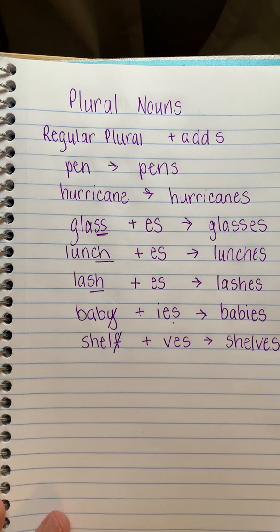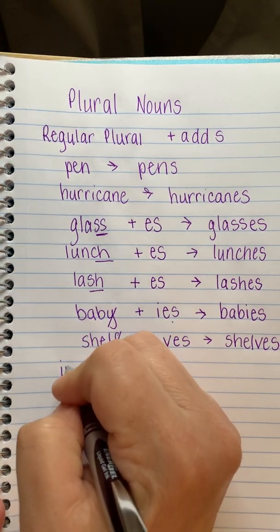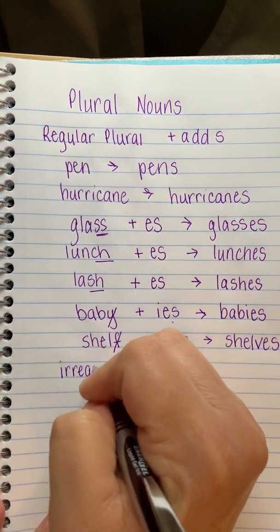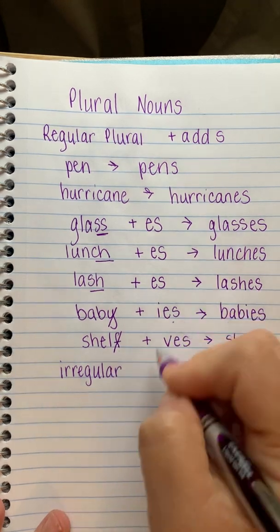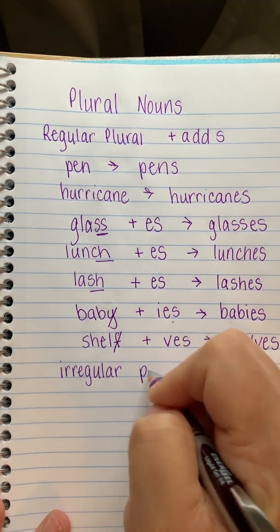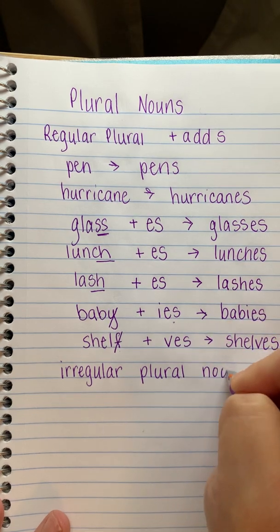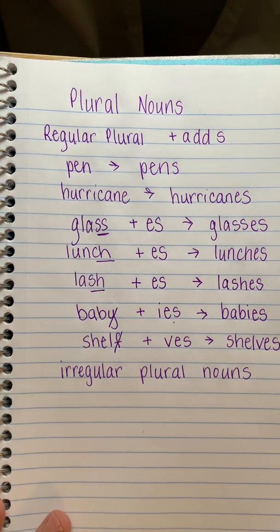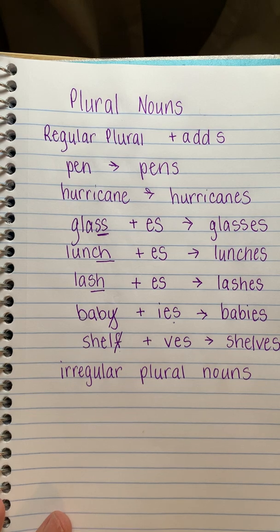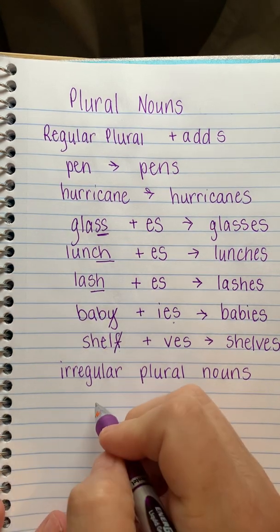All right? The next one, these are called irregular plural nouns because these are totally different. There are a few like this. There's actually quite a few, but I'm going to show you a few. These are plural nouns that become completely different words. For example, the word foot.